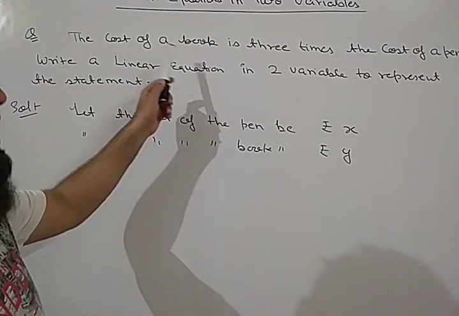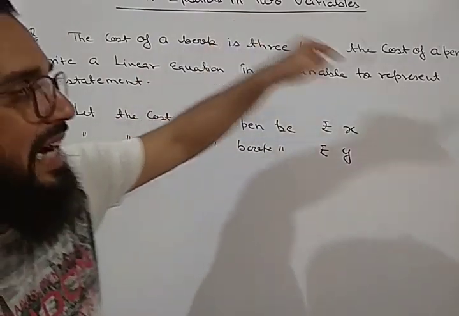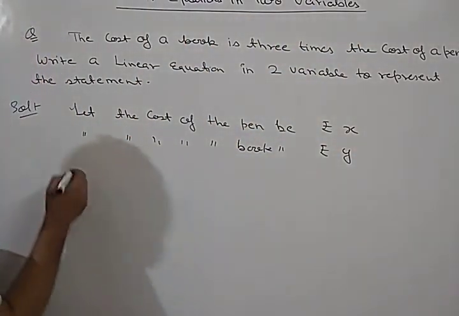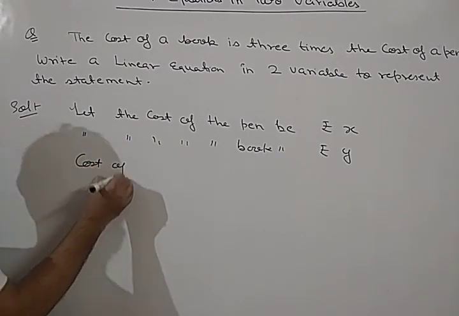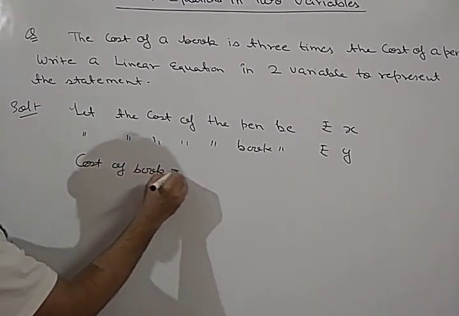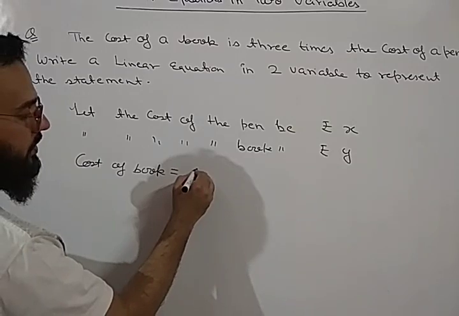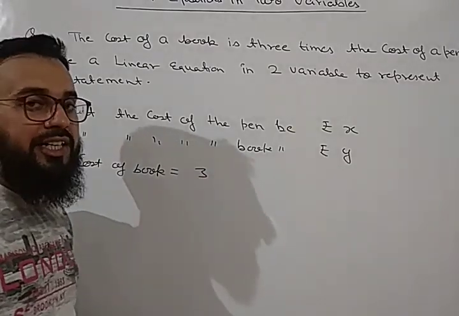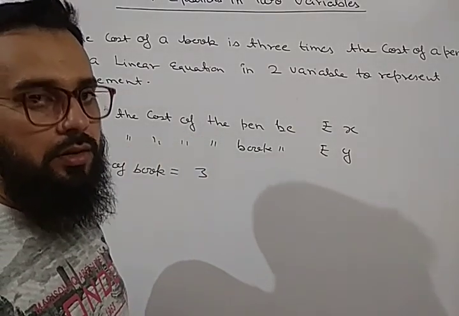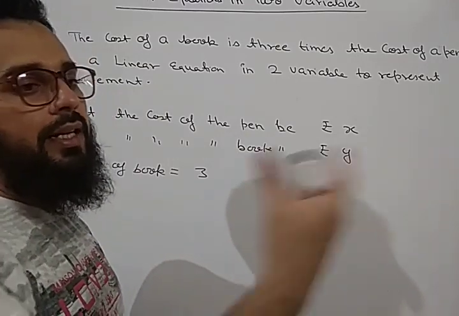What is given in the question? Cost of book is 3 times the cost of pen. Cost of book is equal to 3 times, and 3 times means we have to multiply by 3.